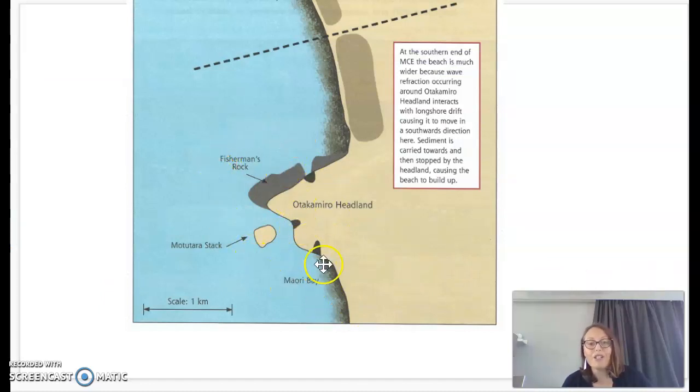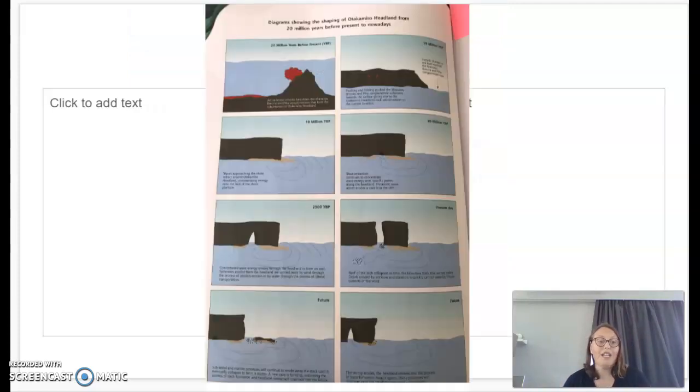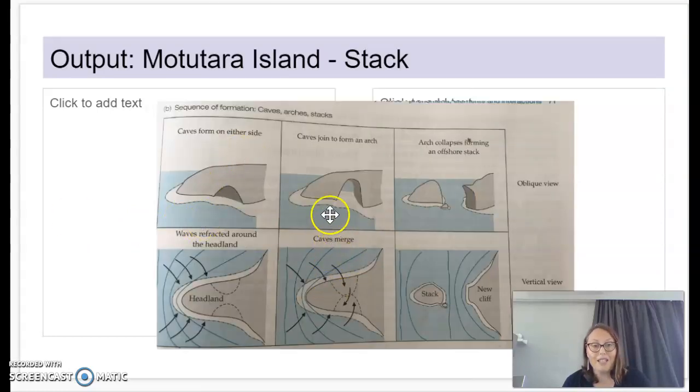We've got that wave refraction coming and hitting in, and so that energy is just going to constantly keep bending around that headland, and it's going to constantly be transferring into the rocks, into that Manicarbreccia conglomerate. And so as it does, and as it keeps going, it's just going to go further and further and further inland until it meets and creates an arch. So that is the second diagram here. So we've got that arch.